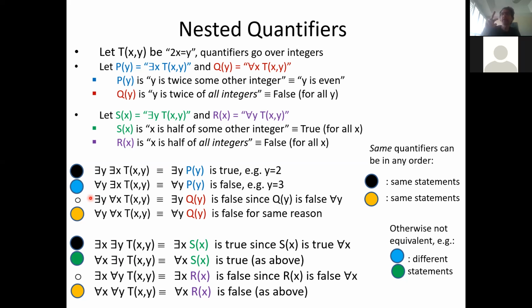So in general, you can only switch the order if the quantifiers are the same, both existential or both universal. But if they're different quantifiers, then switching the order might change a false statement into a true one.